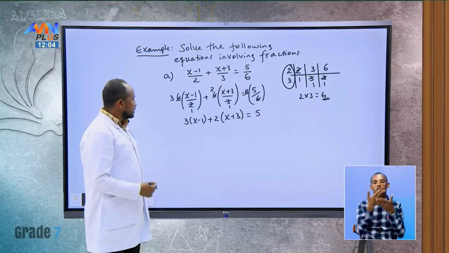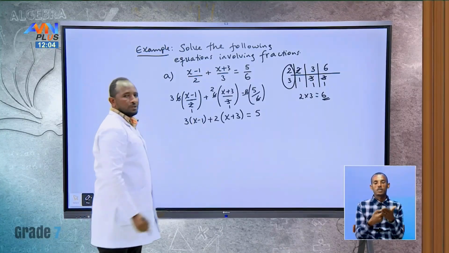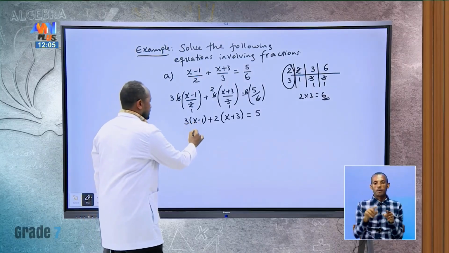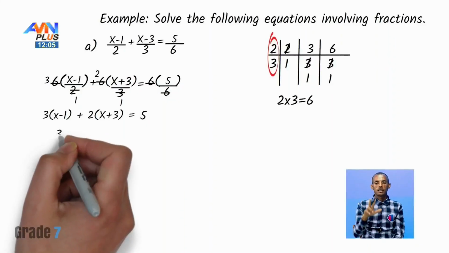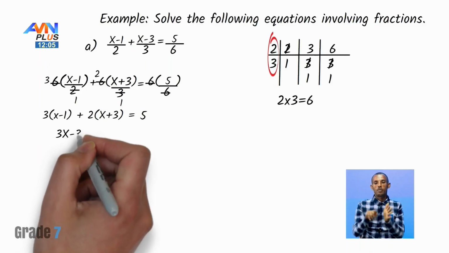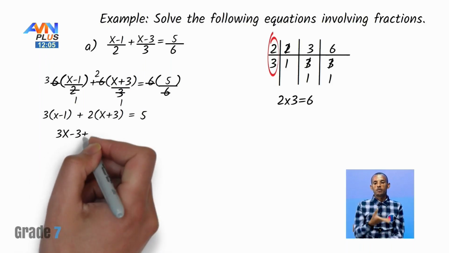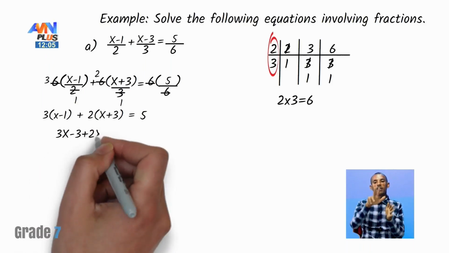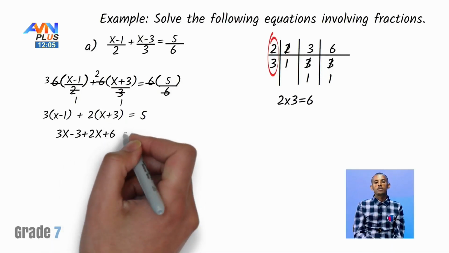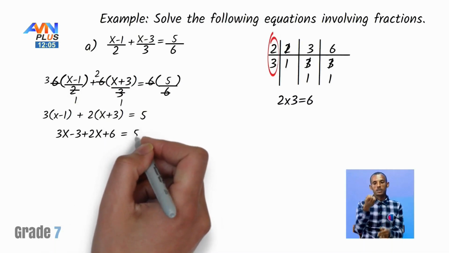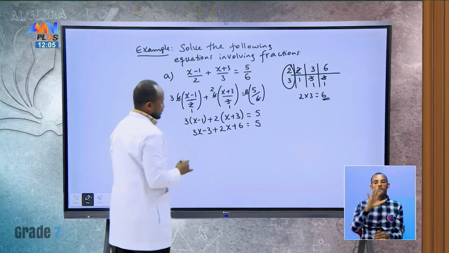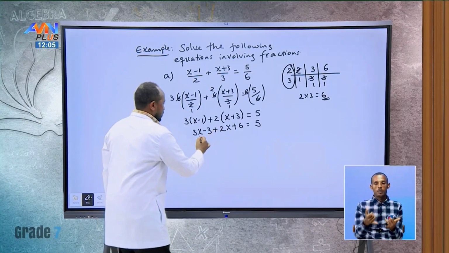Next, let's distribute to remove the bracket. 3 times x is 3x. 3 times minus 1 is minus 3. 2 times x is 2x. And 2 times 3 is 6, is equal to 5. Now, you have two sides.